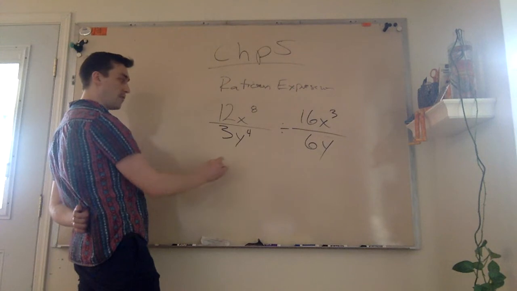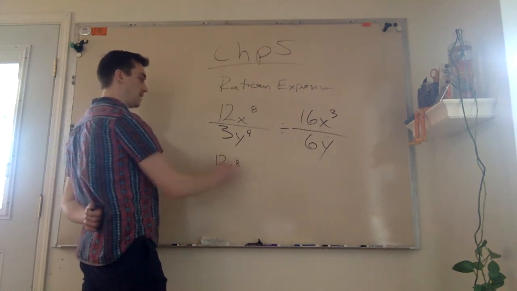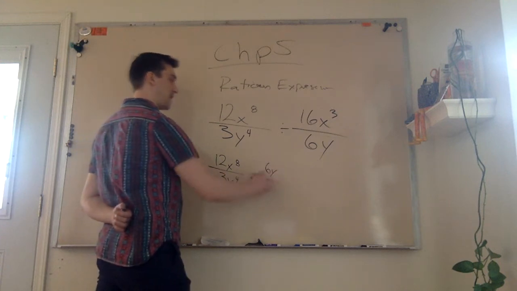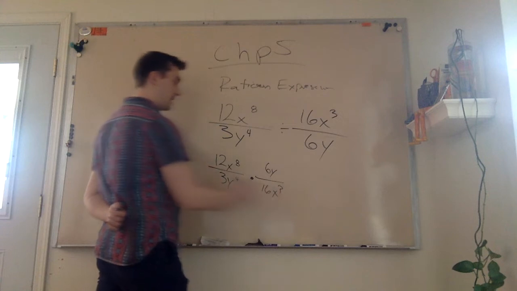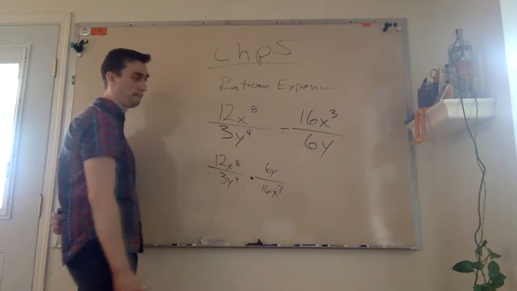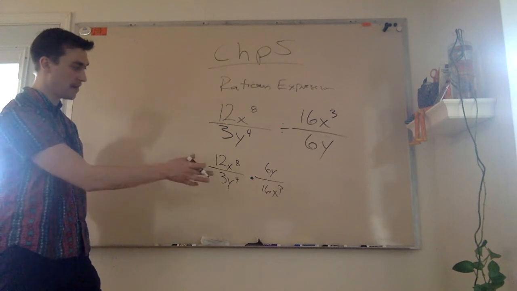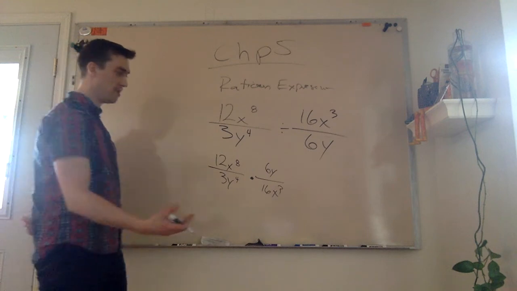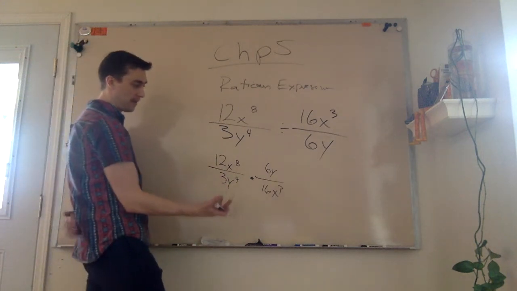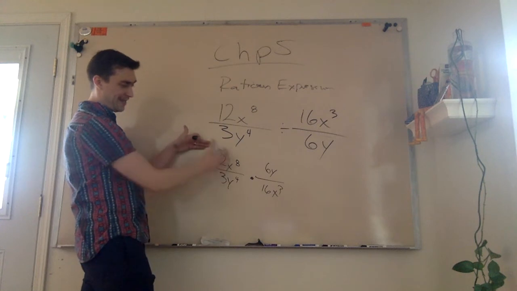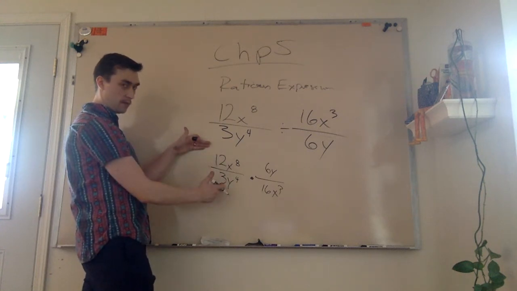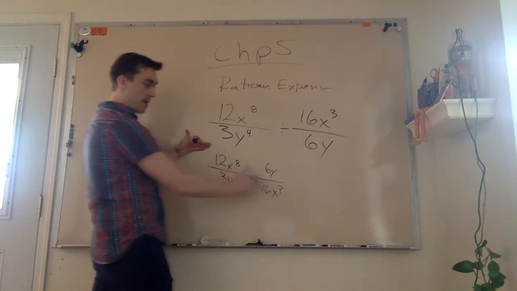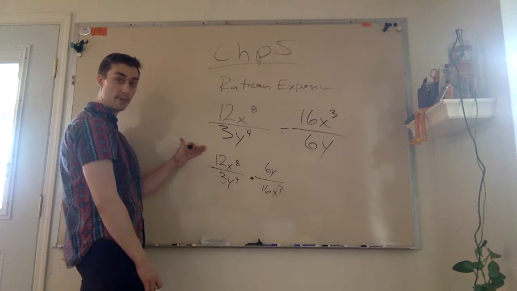Right, so I would immediately rewrite this as 12x^8 divided by 3y^4 multiplied by 6y divided by 16x^3. I did a keep, change, flip. Now you factor everything, and maybe you don't have to factor everything explicitly. Like 12 divided by 3 is 4 straight away, right? And then there's 8 x's on top, 3 x's on bottom, so you end up with an x^5 on top.